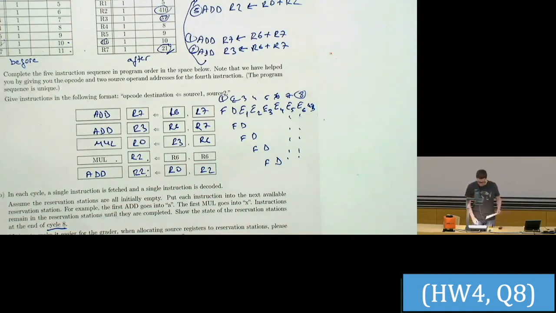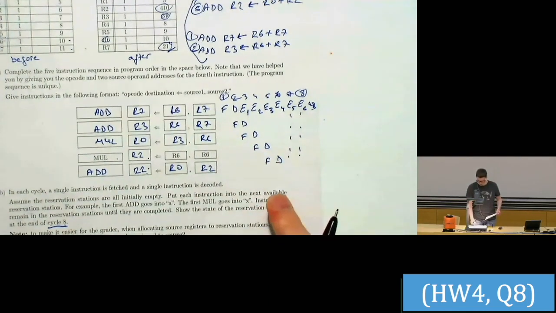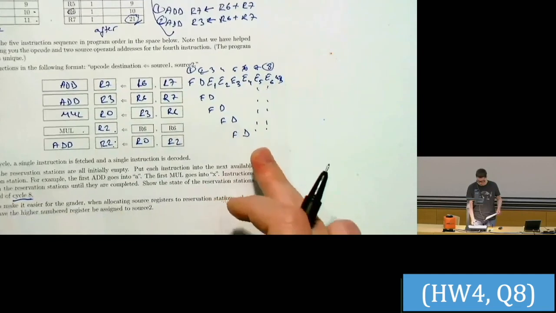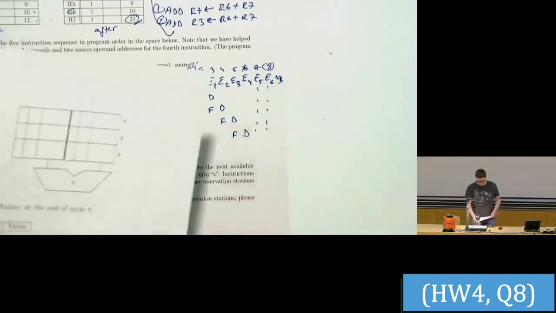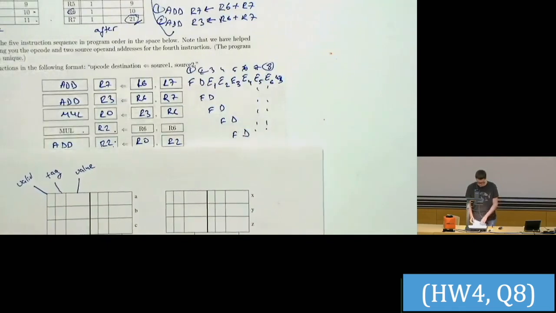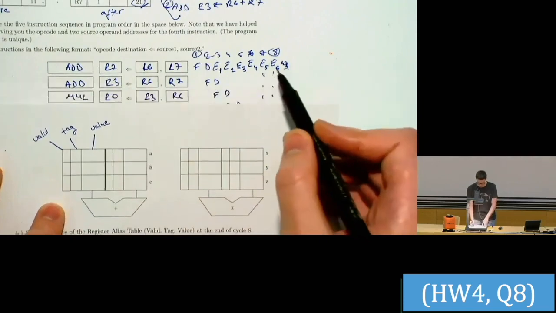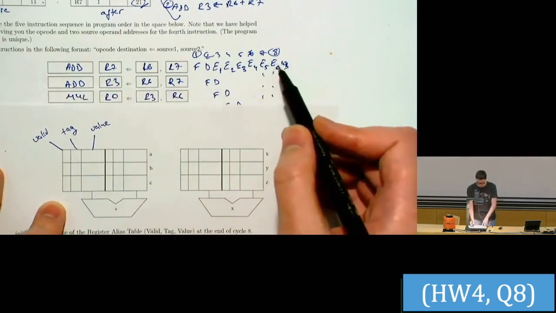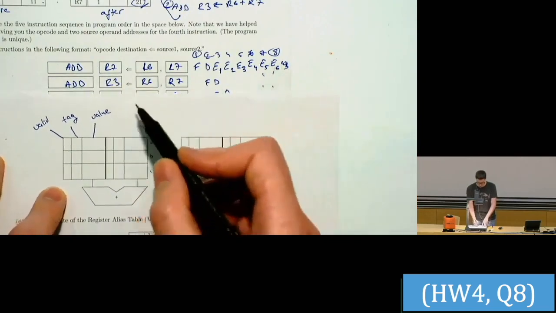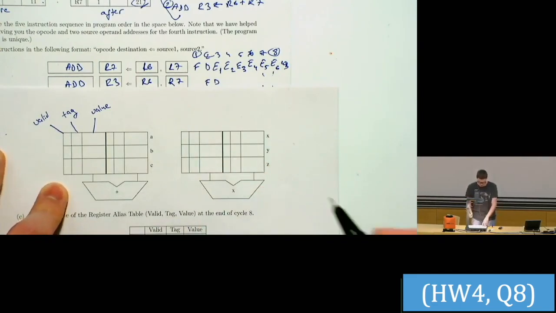So I'll do it quickly, but if you basically follow the scheme here, you can fill the reservation stations and register alias table one by one. So for the add instruction, we know that at the end of cycle 8, we will just have the information recorded in the register alias table and the reservation station and nothing else, right?